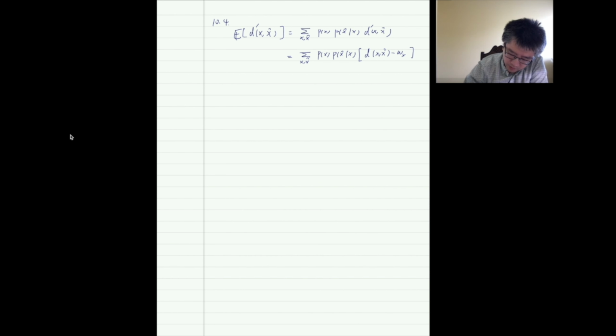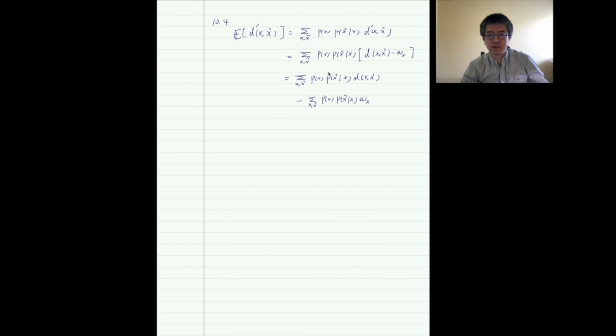Great. Now let's write it into two terms: d(x, x hat), minus the sum over x hat of x hat multiplied by w(x).